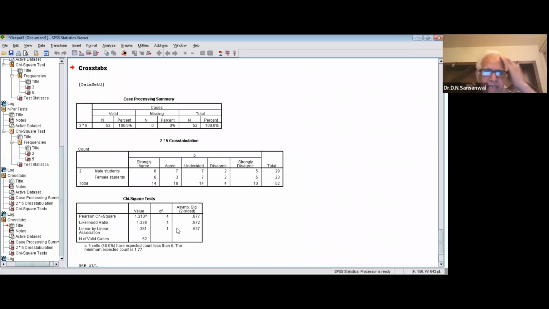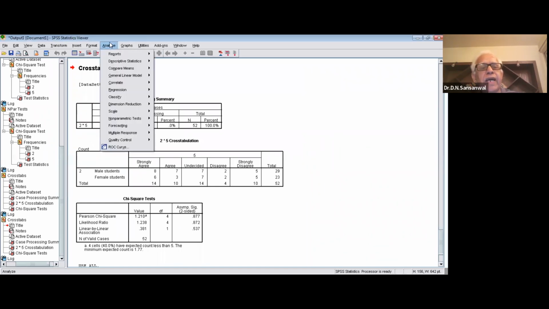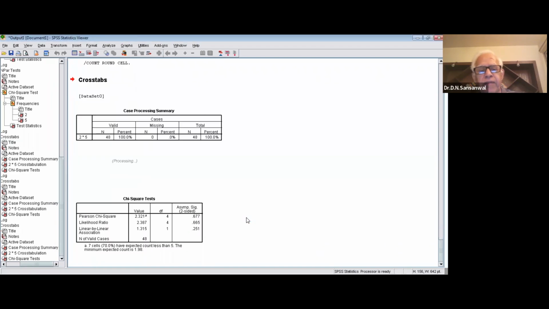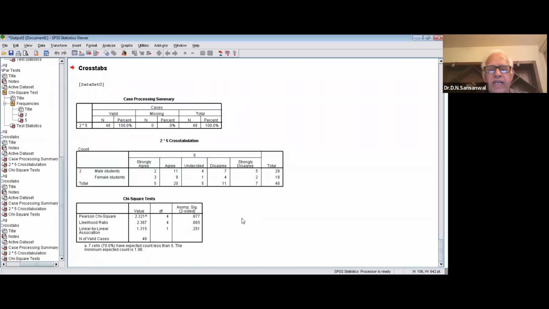Now I have the data only of the rural people, and I analyze descriptive cross tab, and this is my finding here. Now this is the value of the chi-square here. It is also not significant. So in none of the cases it is significant.